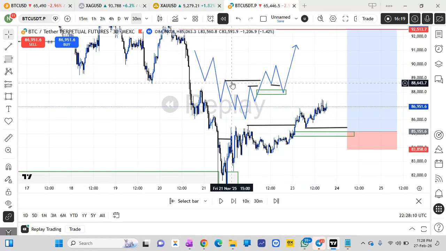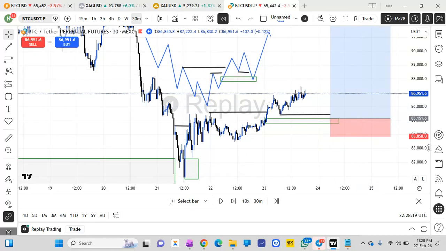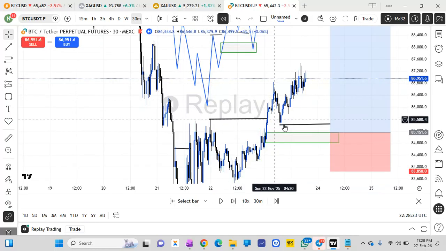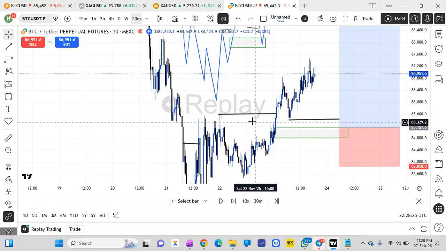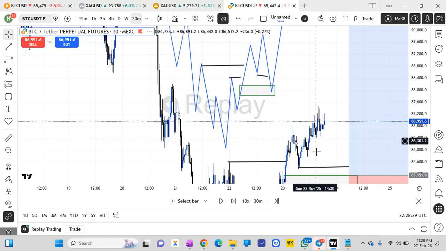If you notice, I didn't map out the internal zone, I mapped out the swing zone. This is a swing zone. This is a swing zone. If you map out this zone, it's still the same liquidity as this one. So anyhow, this is where to buy from.